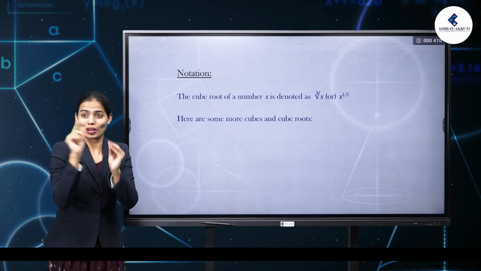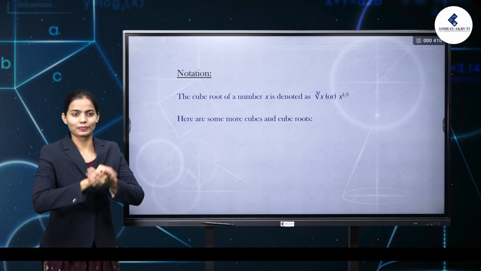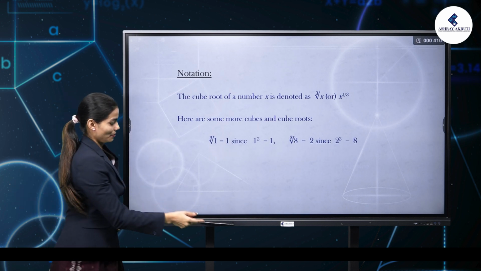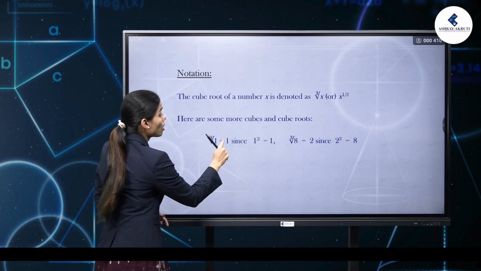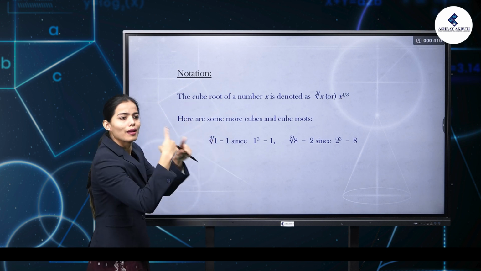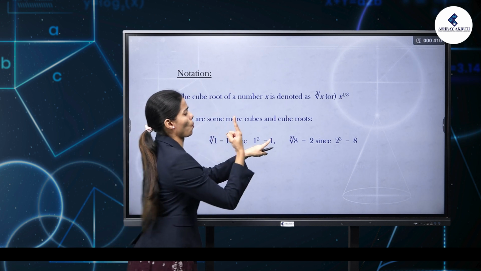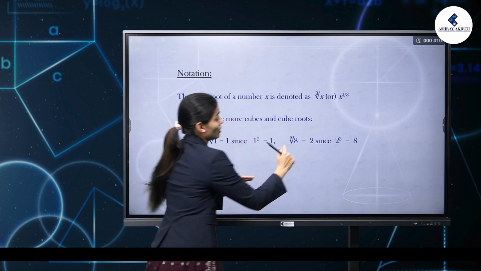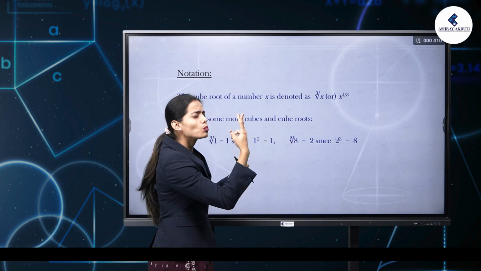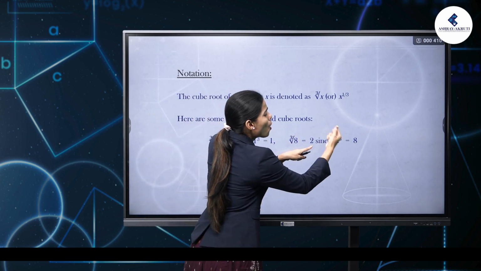Here are some more cubes and cube roots. Cube root 1 is equal to 1 since 1 cube is equal to 1. Cube root 8 is equal to 2 since 2 cube is equal to 8.